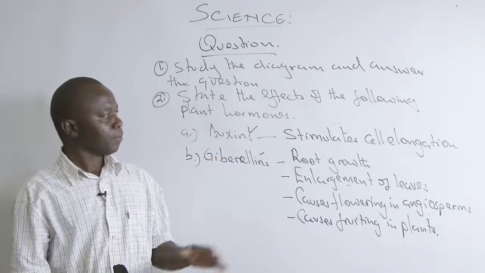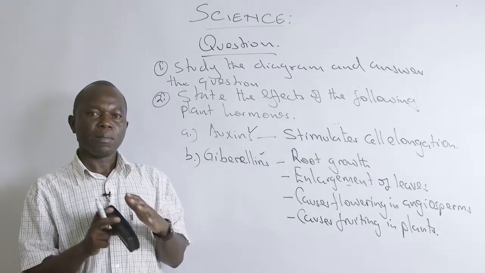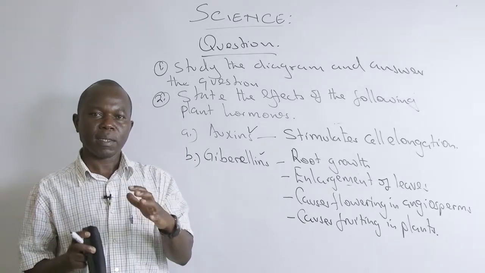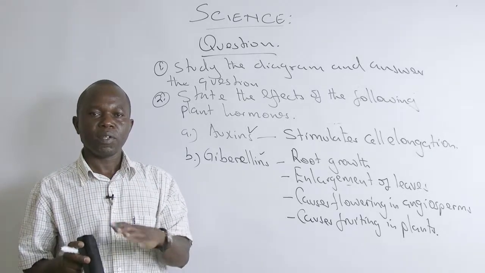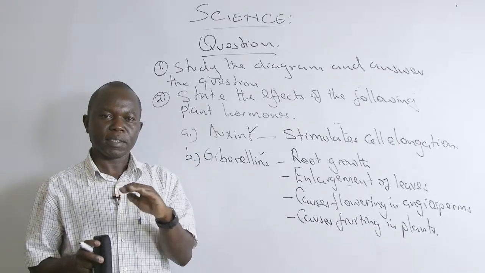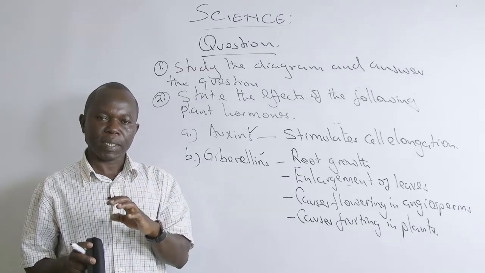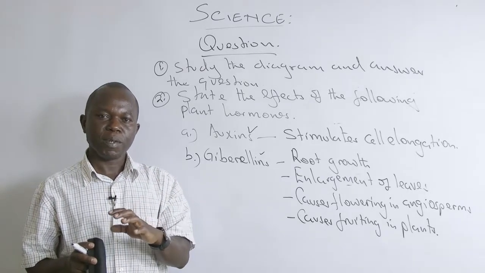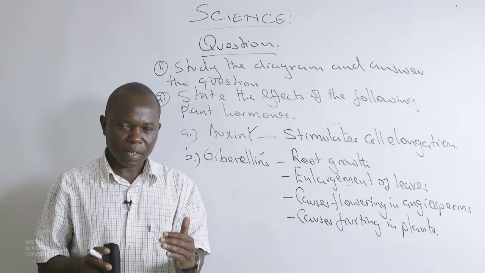So I think we have understood very well how plant hormones take part in plant responses. In a nutshell, we should remember that plants being less active and less complex, they do not respond to changes in the environment at a faster rate.